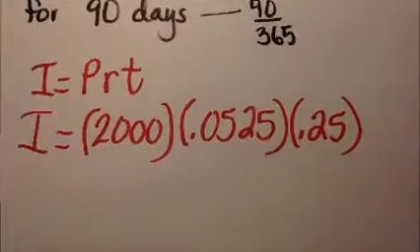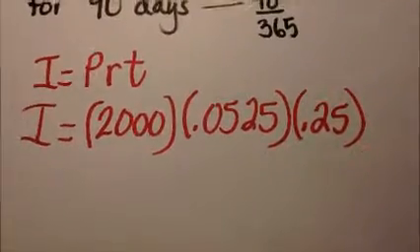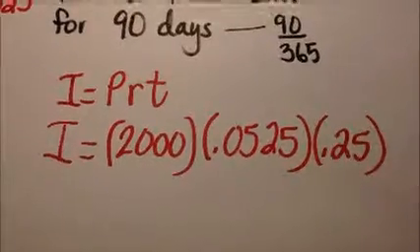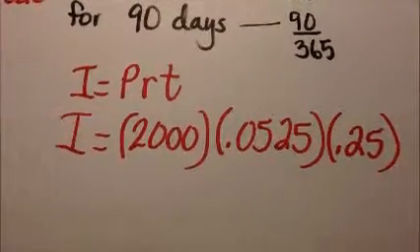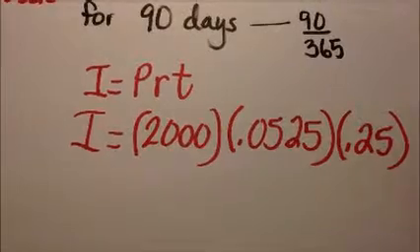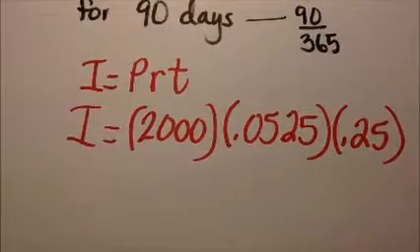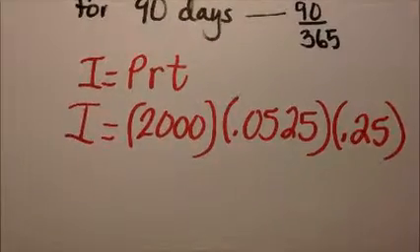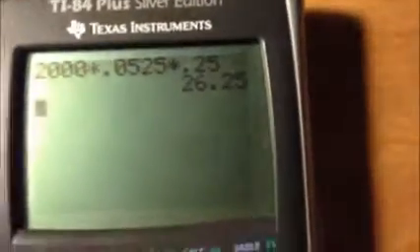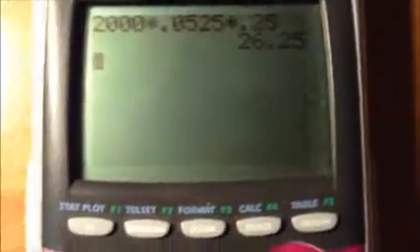Alright, now this is what I'm going to multiply on my calculator then. Okay, so that I have 2,000 times 0.0525 times 0.25, and I get $26.25.